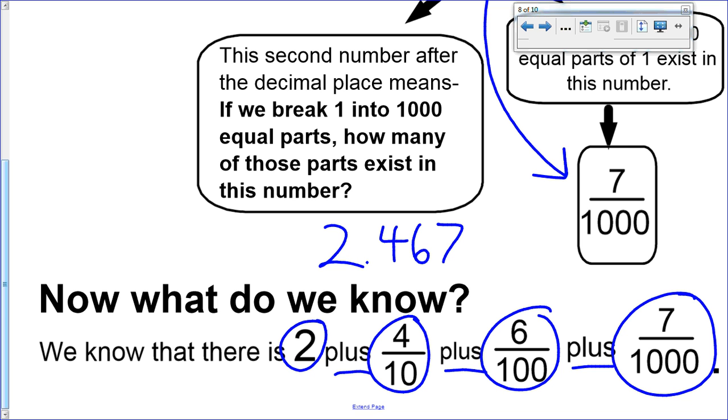So we are literally just tacking these on to our whole number 2. So this all means this.